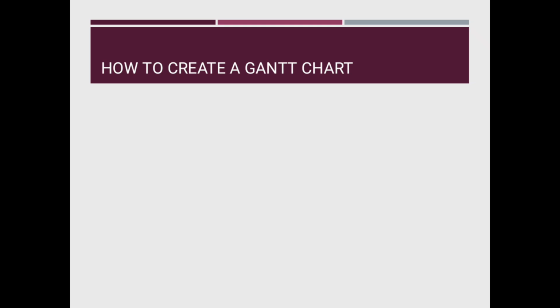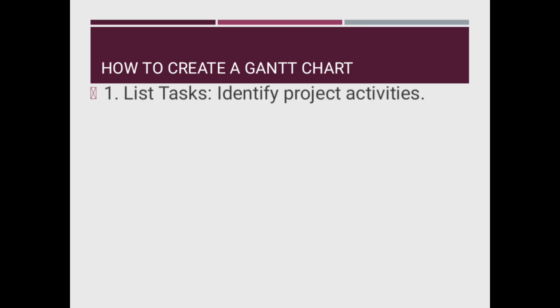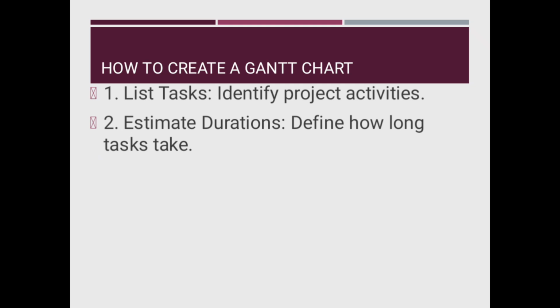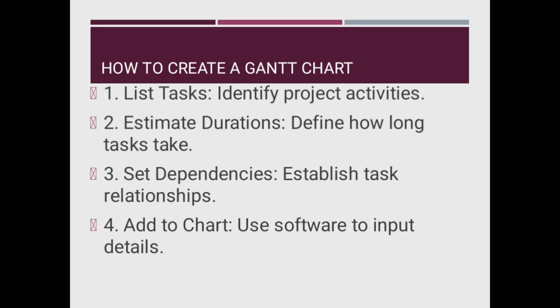Okay, how to create a Gantt chart? Number one, you try to list tasks, right? So you identify project activities. Another one is you try to estimate duration or time, right? How long it is going to take. From there, you set dependencies. So you set the relationship that exists between those tasks.